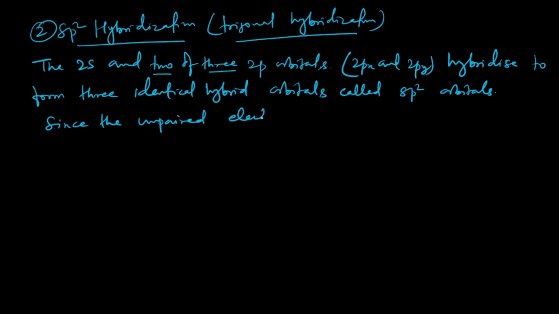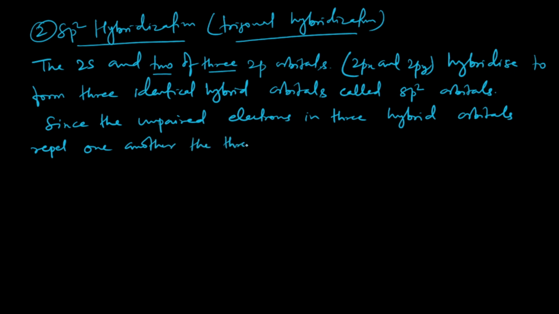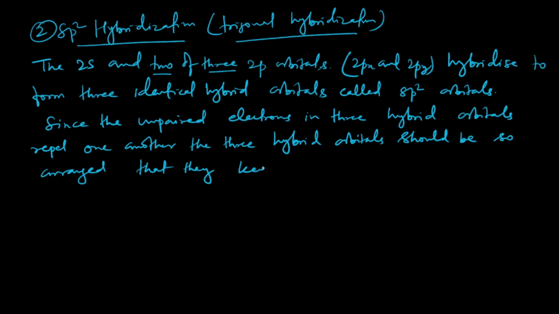Since the unpaired electrons in the 3 hybrid orbitals repel one another, the 3 hybrid orbitals should be so arranged that they keep at a maximum distance from one another. Got it? From one another.